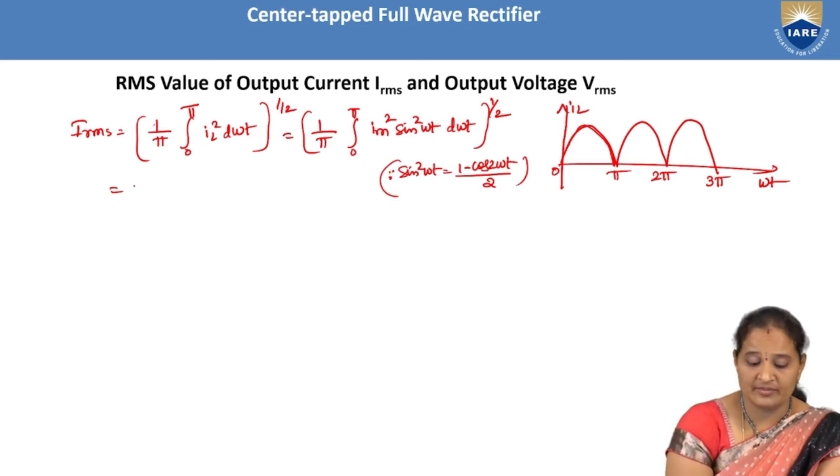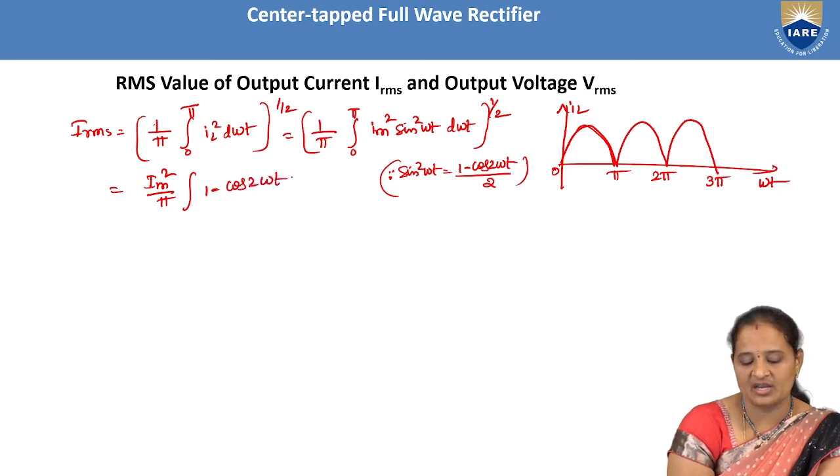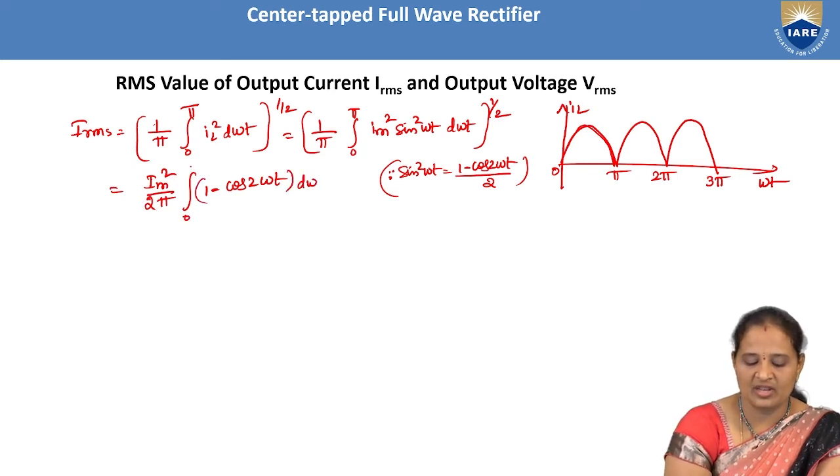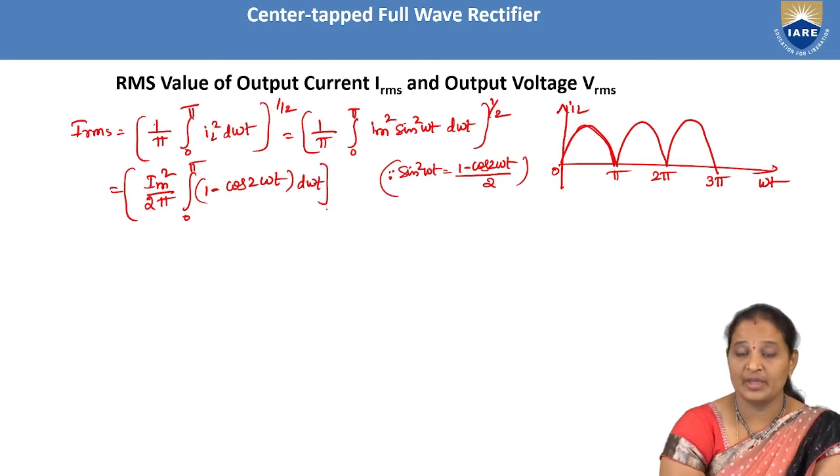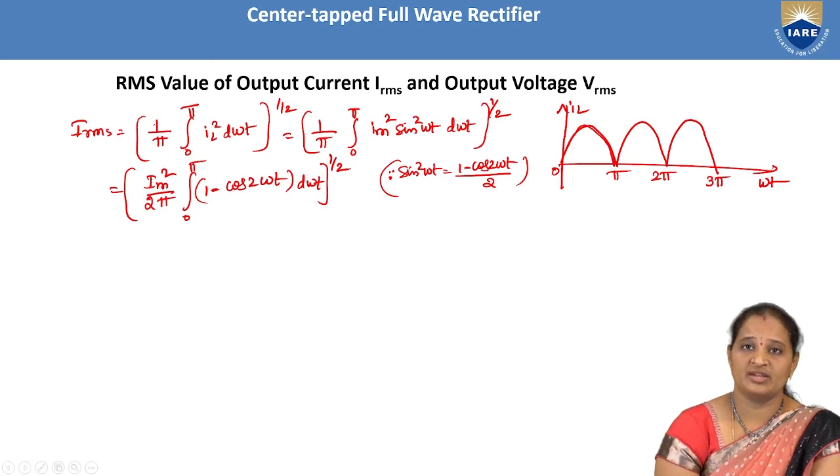So now I'm taking this Im square out of the integration. So Im square by pi integral of 1 minus cos 2 omega t. I'm also taking this 2 out, so 2 pi d omega t, and the limits are from 0 to pi, and here we have whole to the power of 1 by 2.